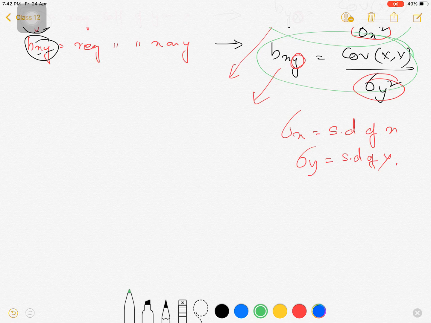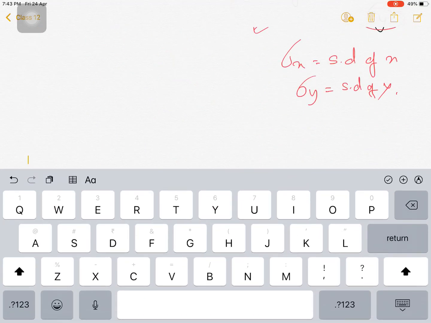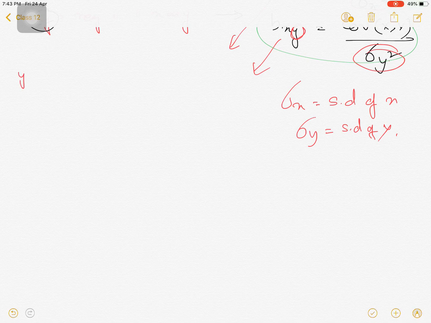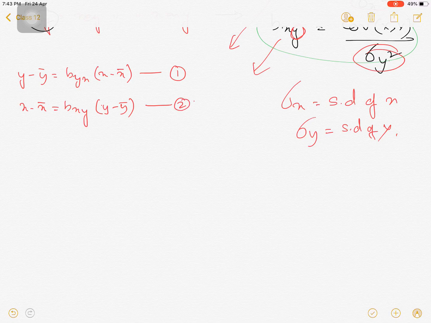Now what is the importance of this equation? Let me rewrite it. Y minus y bar equals byx times x minus x bar. This was called equation number 1, and x minus x bar equals bxy times y minus y bar was labeled equation number 2.